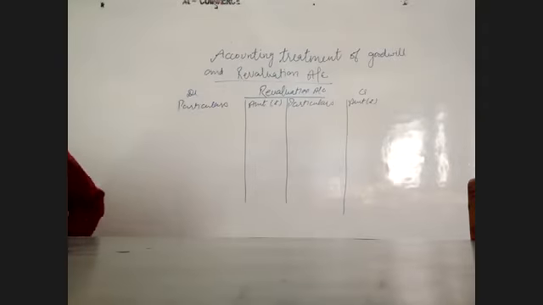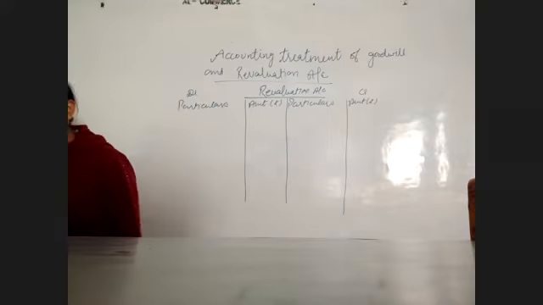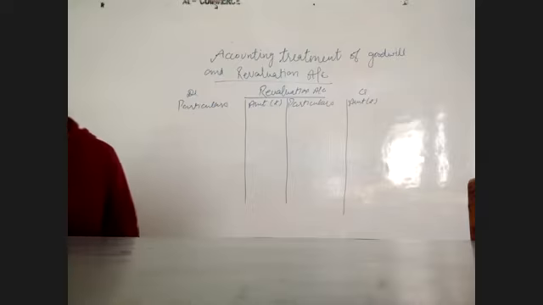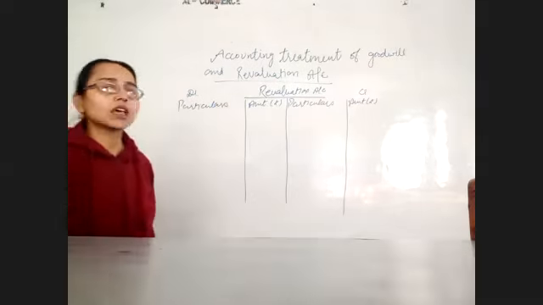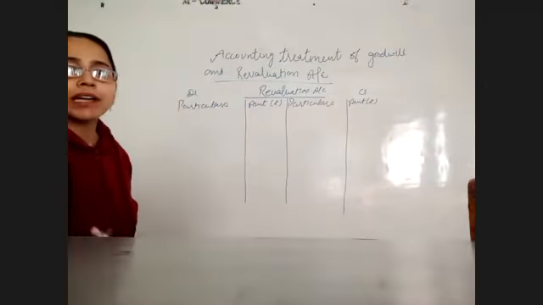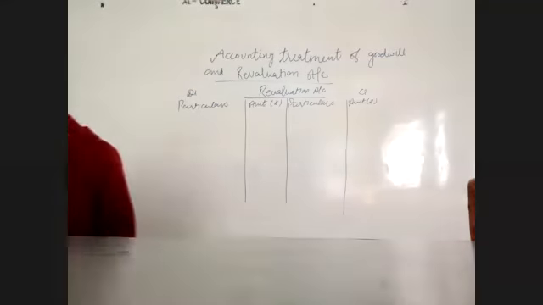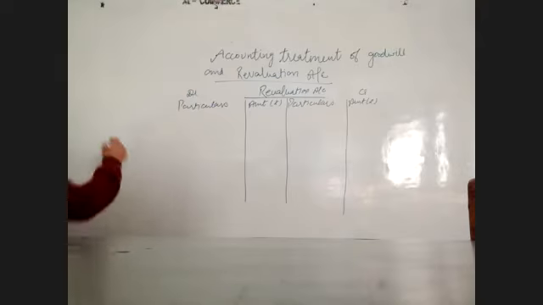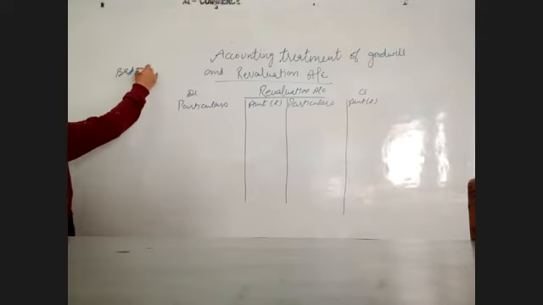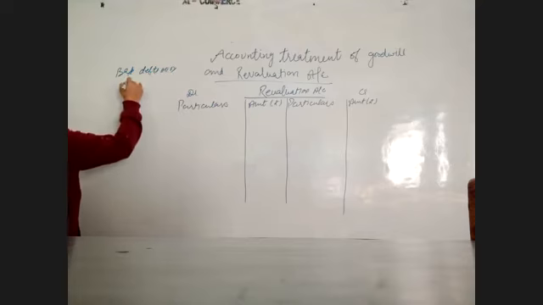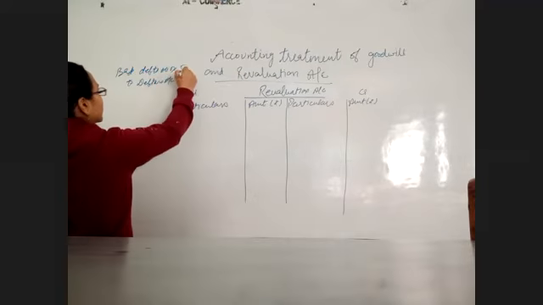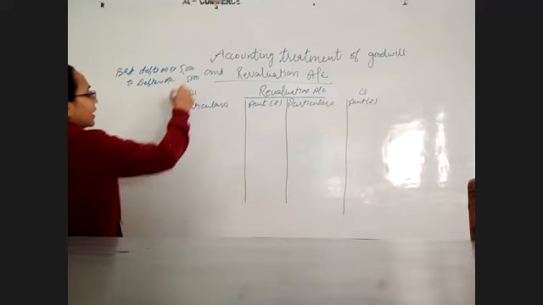First point, an amount of rupees 5,000 included in debtors be written off as bad debt. So what entry will we pass? Bad debts. This is a loss. Loss always will be debited. So bad debts account debit to debtors account. Note down the journal entry also side by side. Bad debts account debit to debtors account, amount is 5,000.